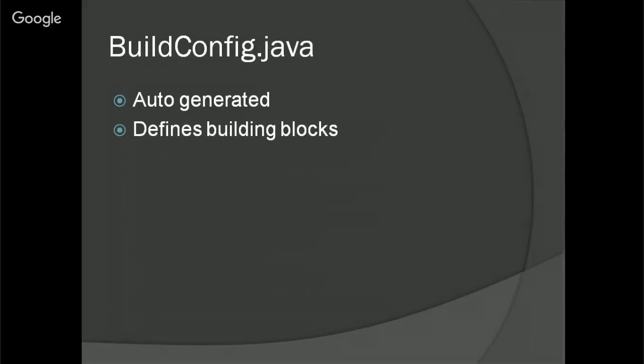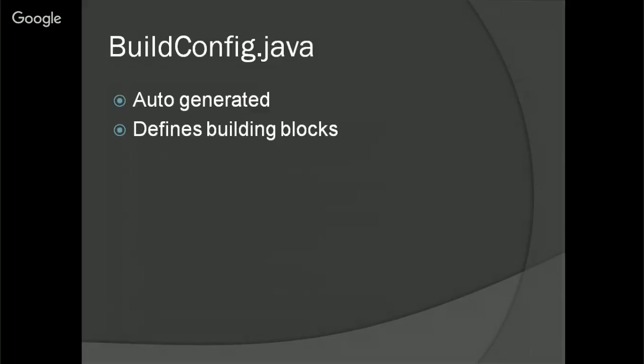The other Java file inside of the Java folder is build config.java, which is also auto-generated code that lies inside of the Java folder.